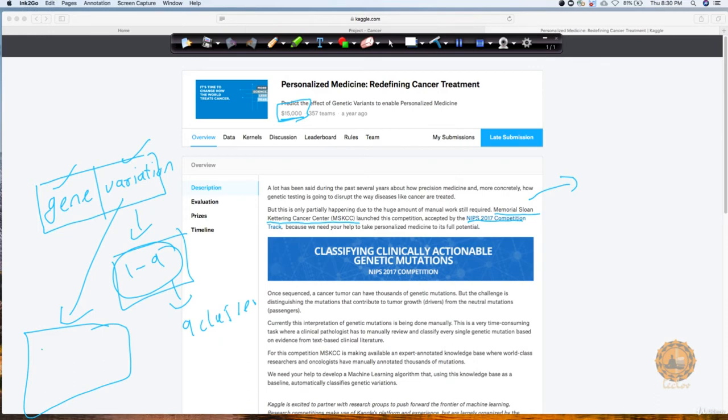From those research papers, what pathologists have to do, and when I say pathologist, I'm talking about a domain expert, is this: let's say a gene is there and a new variation comes up. That domain expert has to read a lot of text, a lot of research papers, and from that they identify that this belongs to maybe this sort of cancer.